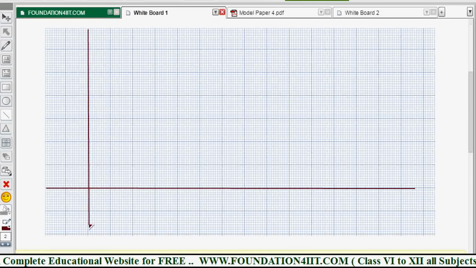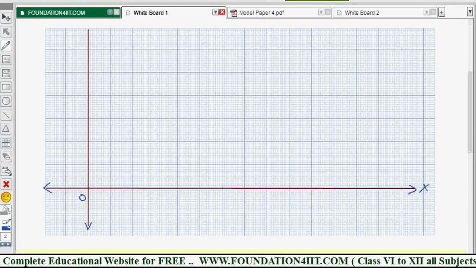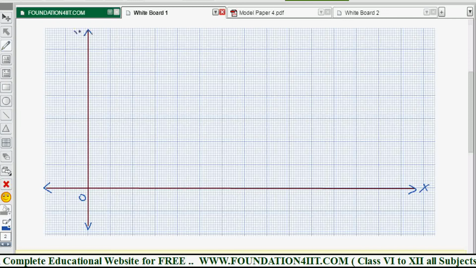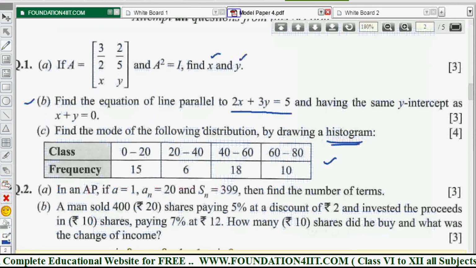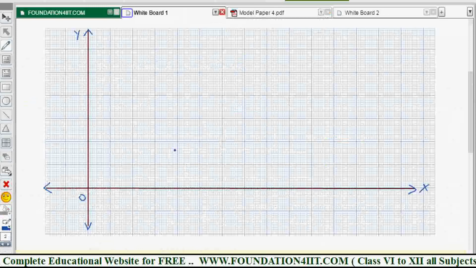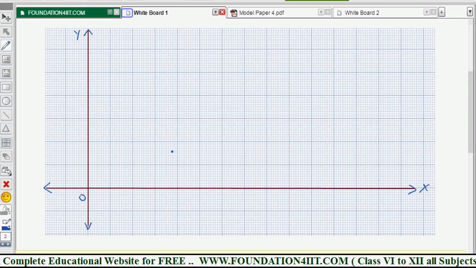Vertically is the y-axis and horizontally is the x-axis. This joining point is the origin, that is 0. If the scale is mentioned, we can use it. In this question no scale is mentioned, so we can take one convenient to us. I am taking on the x-axis 1 centimeter as 10 units.